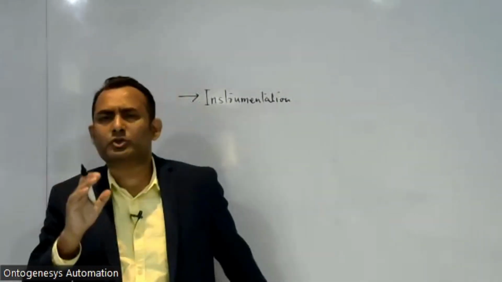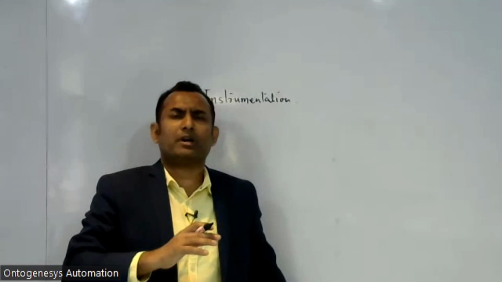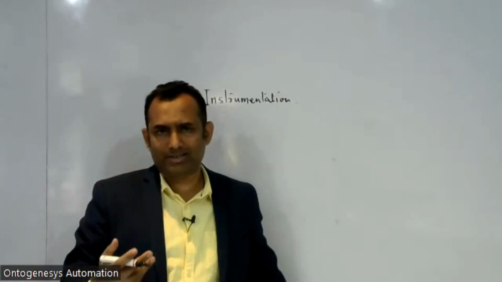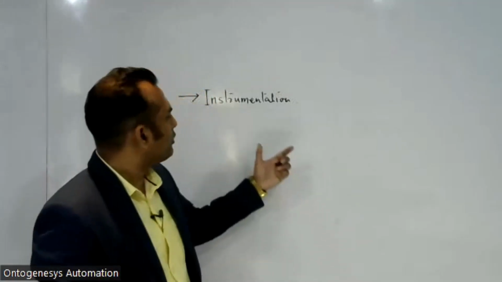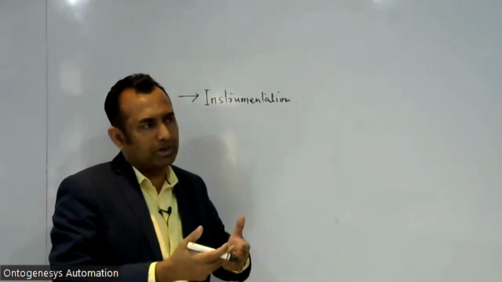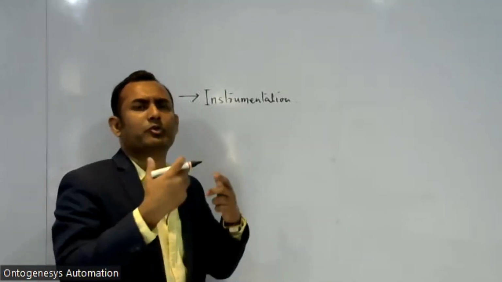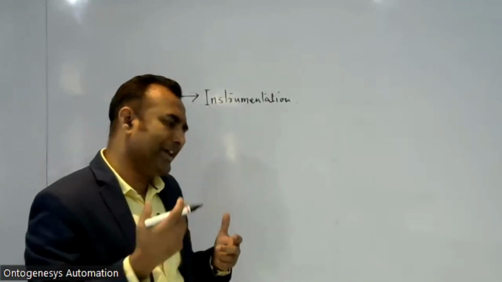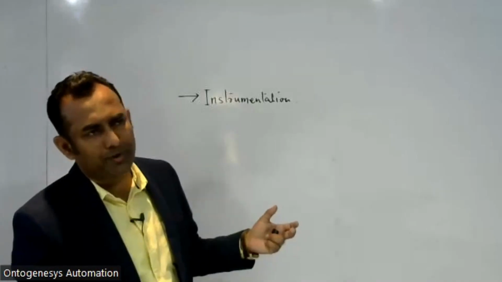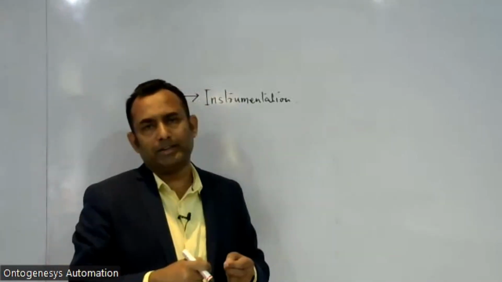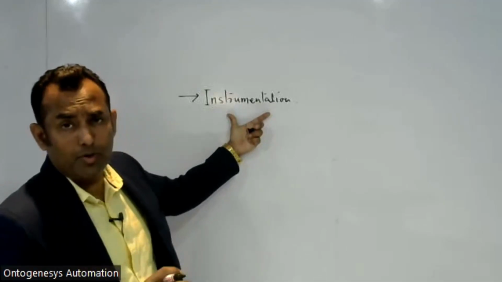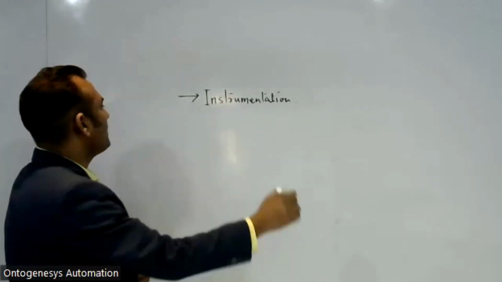When I talk about instrumentation, we have to cover different kinds of field equipment, field instruments, sensors, etc. We have to know what sensors are available in the market, how to calibrate them, how to install them, how to find a fault if there is any, what different types of cables are available, how to connect them, etc. So we will be learning this in the field instruments or instrumentation section.